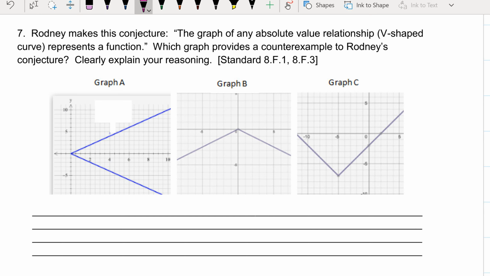Another way to say this is the vertical line test. If you draw a vertical line and it crosses the graph at only one point, then it is a function. For graph A, if I draw a vertical line, you see that it crosses the graph at 2 points every single time. So this is not a function.